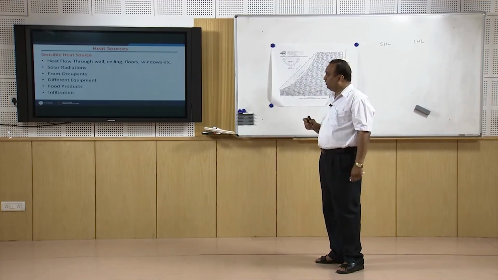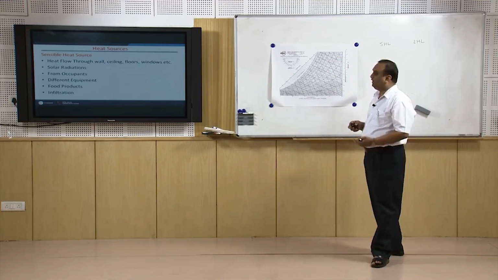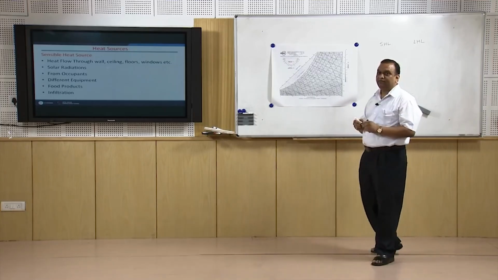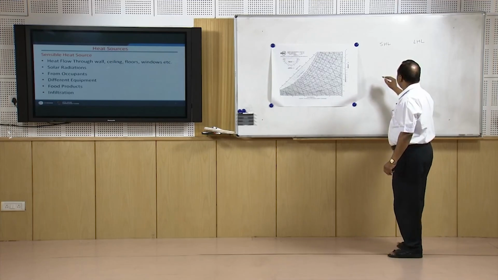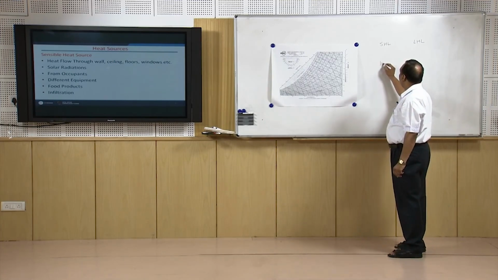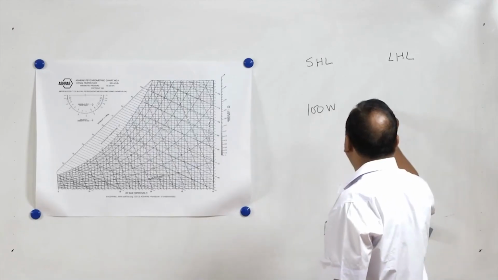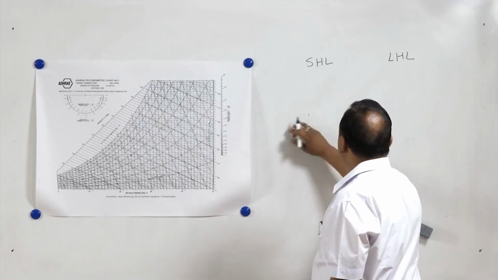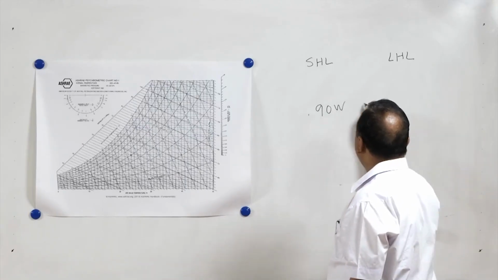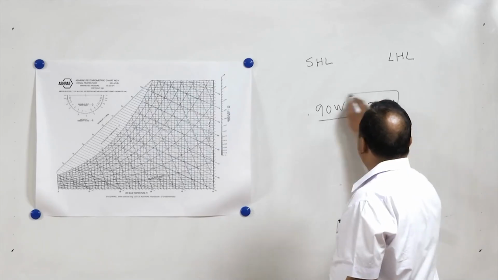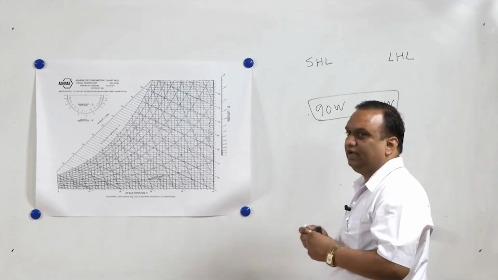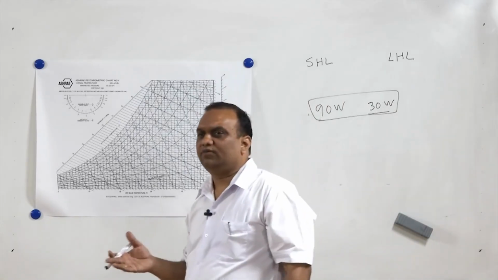There is a load from the occupants also. If an individual is sitting idle, he or she adds 90 watts of sensible heat and 30 watts of latent heat. Approximately we assume that each individual adds around 100 watts of heat.